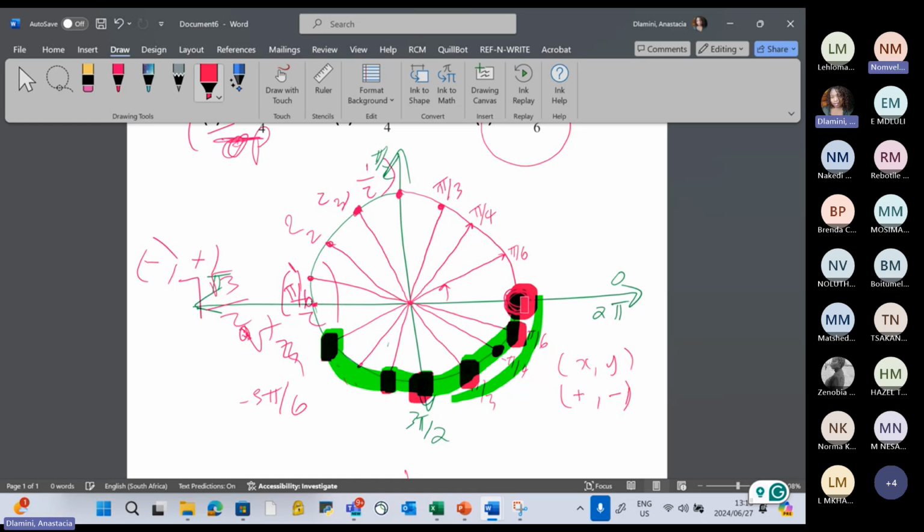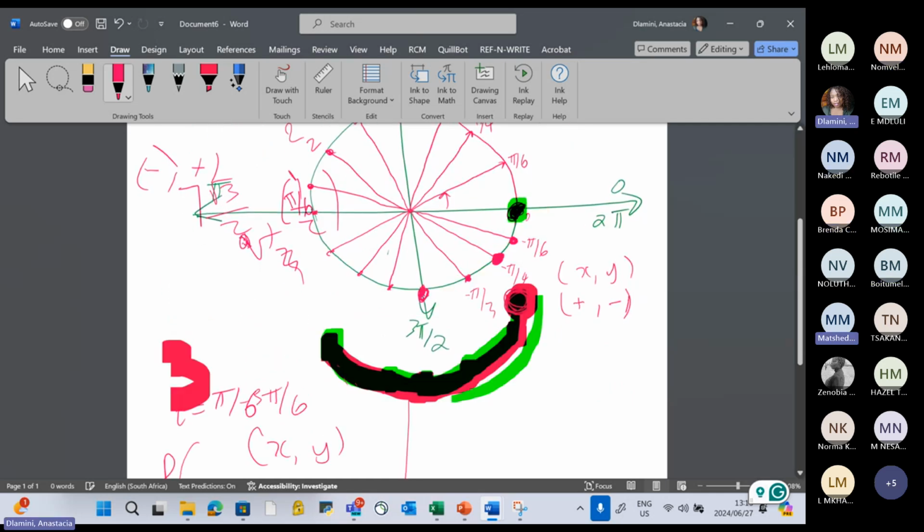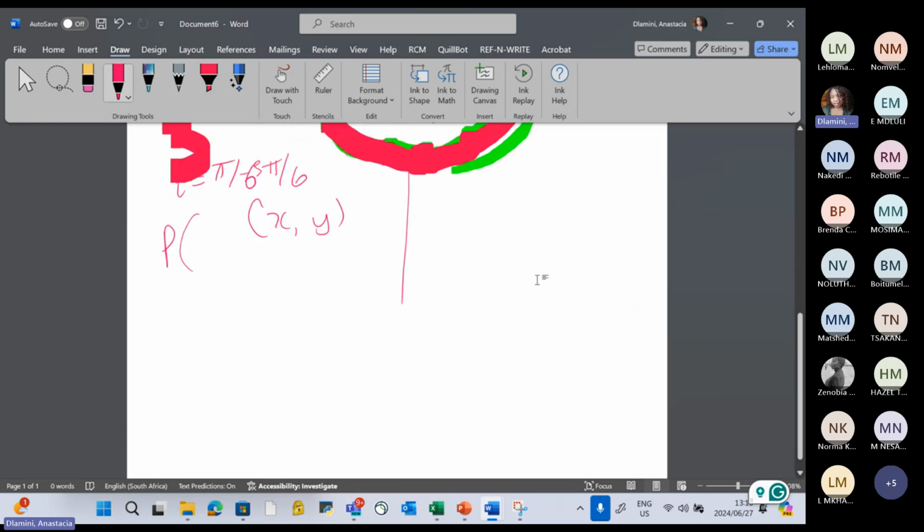So then I have moved 1, 2, 3, 4, and 5. It means I'm in quadrant number 3. And in quadrant number 3, the x and the y values are both what? Negative. So meaning that we use that point. What was our point?